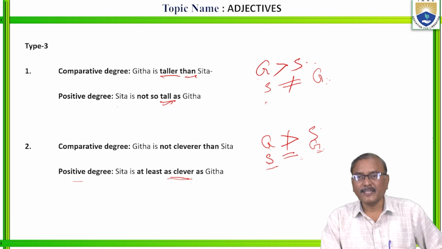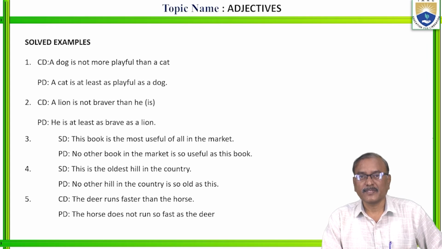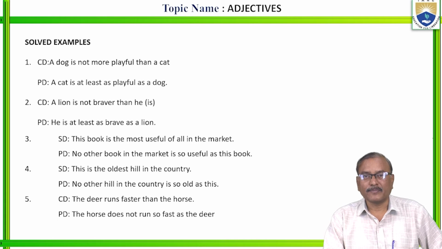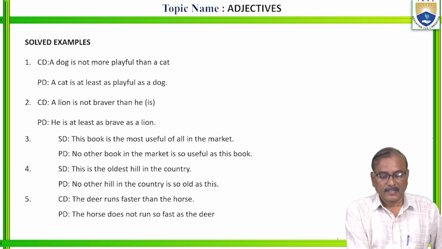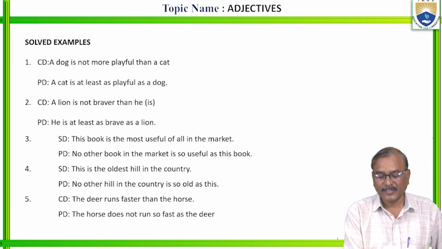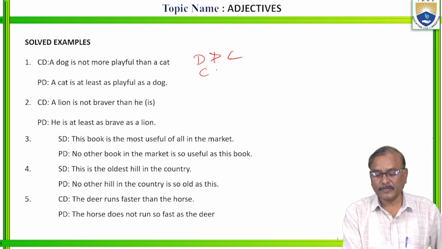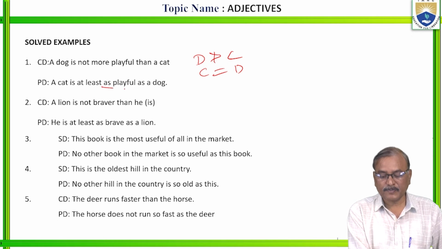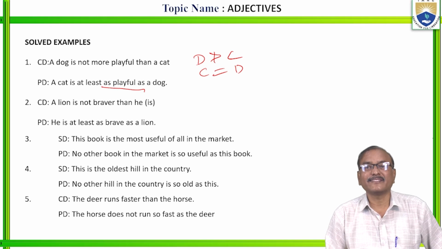Now let us see the examples. A dog is not more playful than a cat. So, the cat can become equal to the dog. So, a cat is at least as playful as a dog.